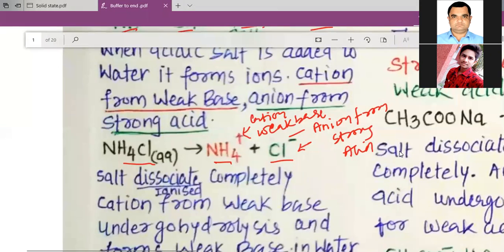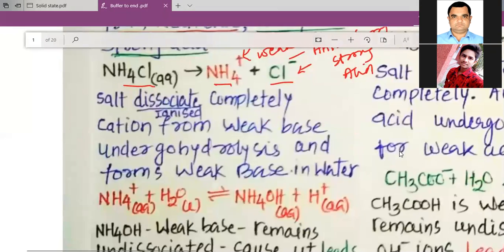This salt NH4Cl is believed to dissociate completely. So we think that all the concentration of NH4Cl has been dissociated into NH4 plus and Cl minus. The cation from weak base undergoes hydrolysis and forms the weak base in the water.